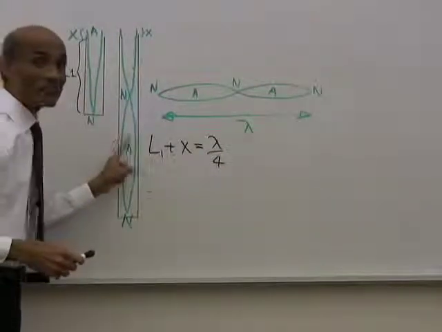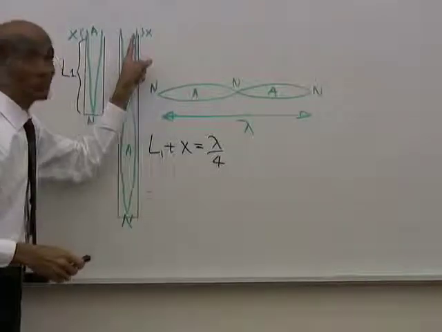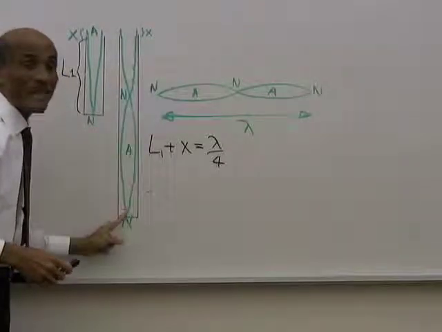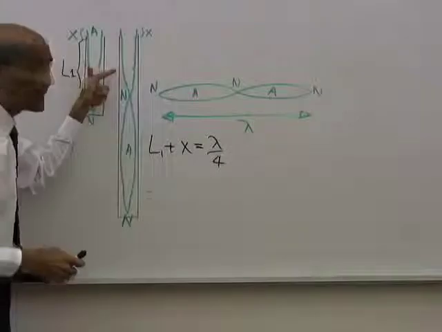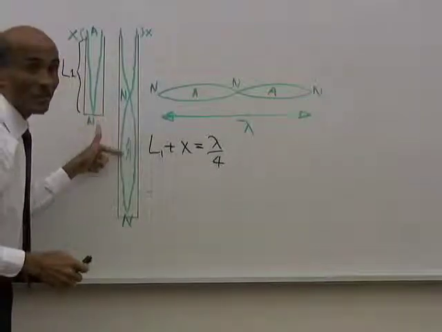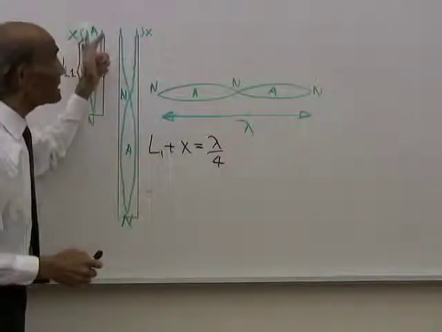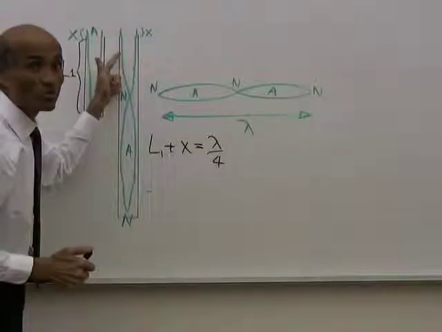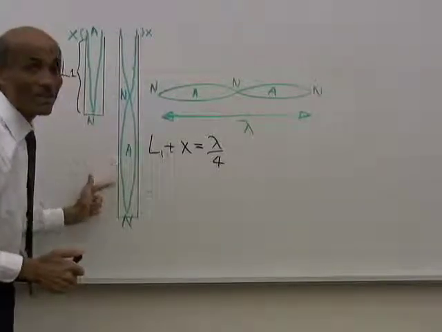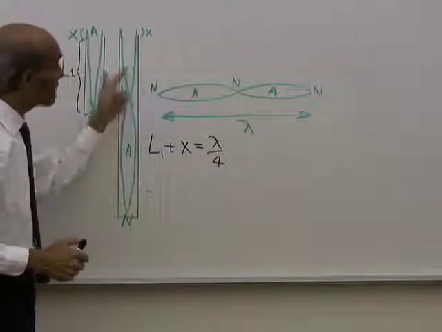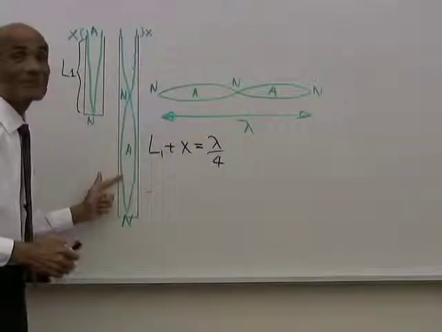Now, in the next mode of vibration, suppose the length of the tube is L2. If you now increase the length of the tube, the same tuning fork will resonate with this air column when it is vibrating in the second mode.